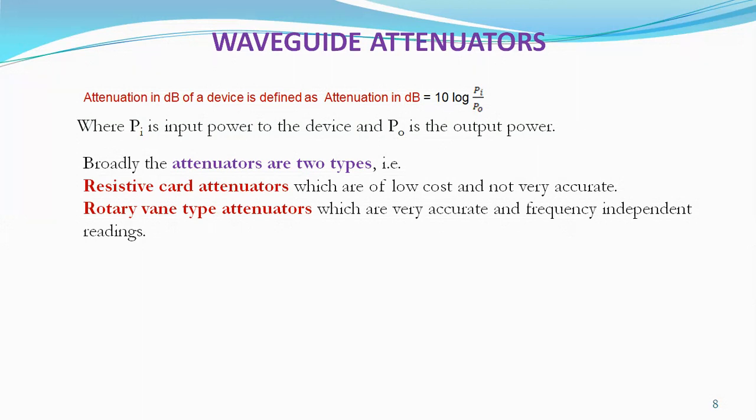Normal electronic components like amplifiers do not operate effectively in the microwave frequency range. That's why for microwave applications we use special types of devices: for transmission, for attenuation, for amplification, and even for providing resonance.